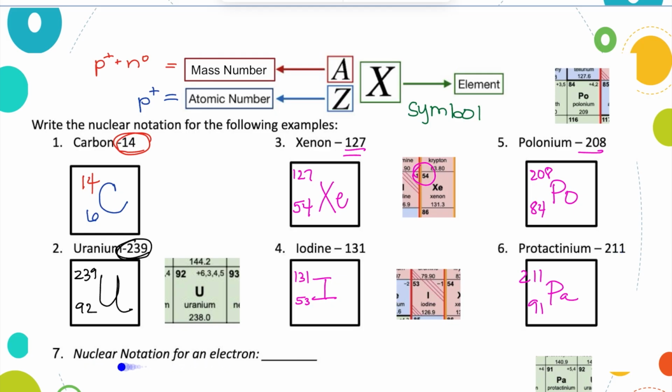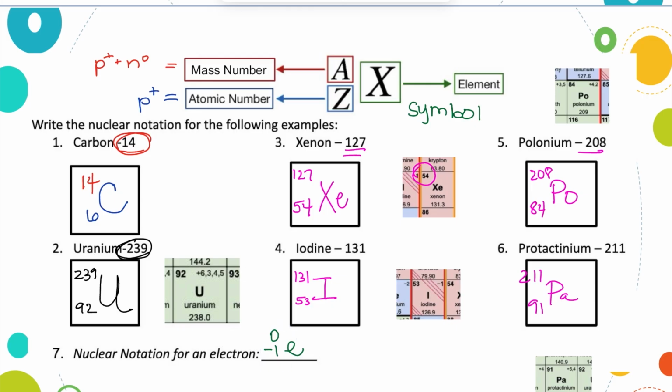One thing we are going to see is if we have an electron, it actually has no mass, but we are going to use a -1 because an electron is a negative particle. And so that means if it's losing an electron, it's going to have a -1 for the proton.